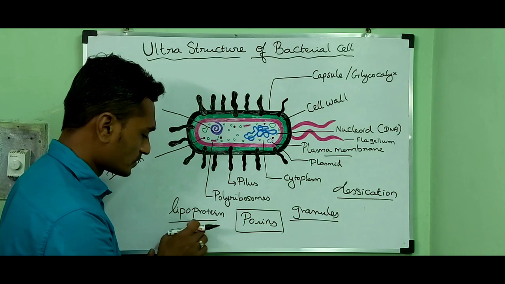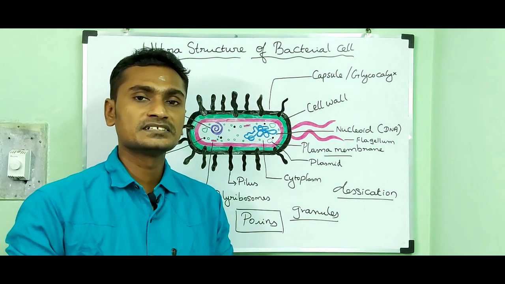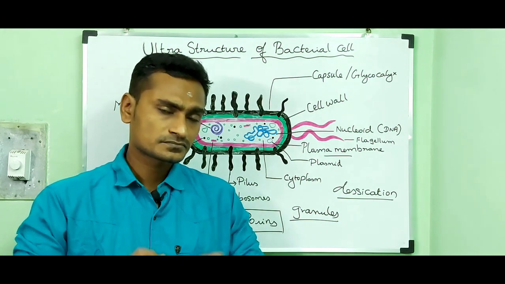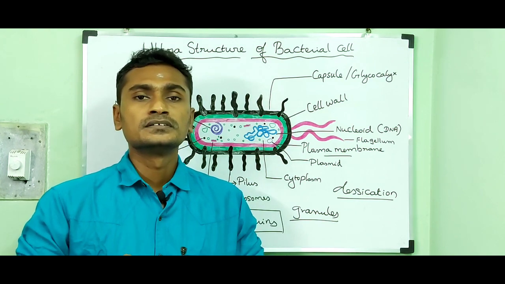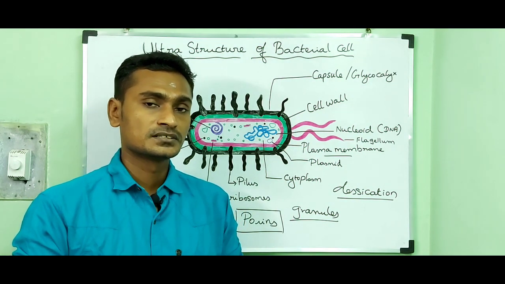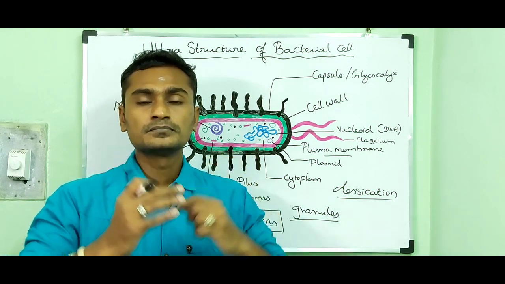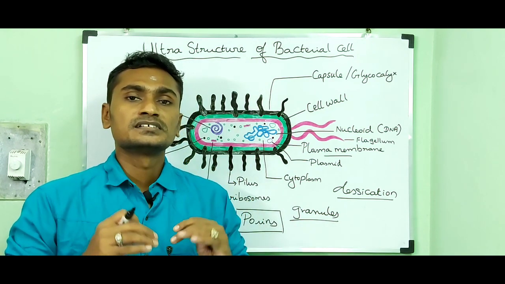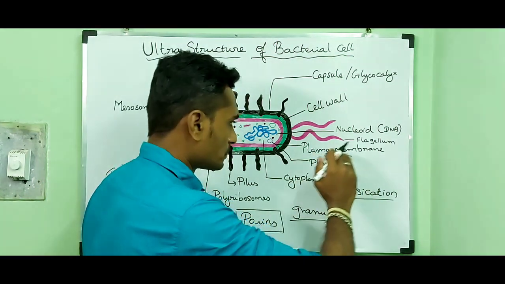The plasma membrane also contains enzymes which are involved in oxidation and metabolism, that is respiration, and enzymes which are involved in photosynthesis. So that's all about the plasma membrane.